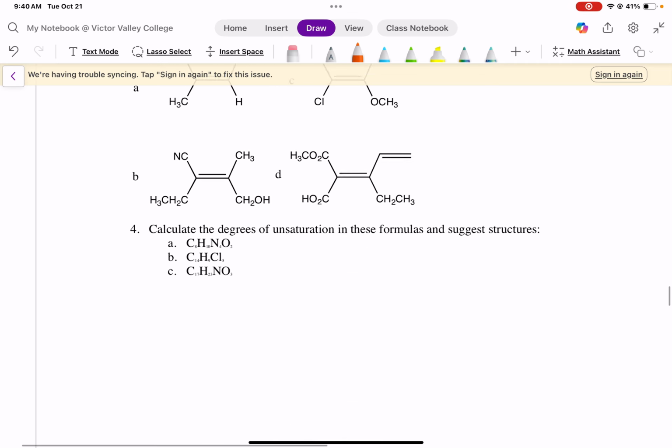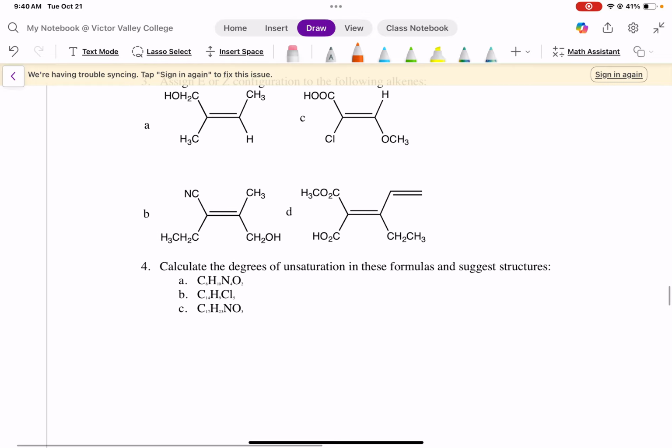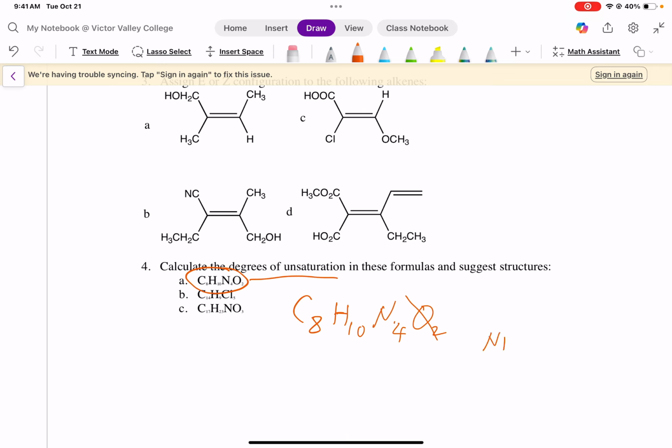Okay, and you guys can try more. The example here is pretty good. These are all good degree of saturation calculations. Yep, like this one is nice. This one, C8H10N4O2. Let me show you real quick. Oxygen, we don't have to worry about. For every nitrogen, we need a hydrogen. So you can think about taking away N4H4.